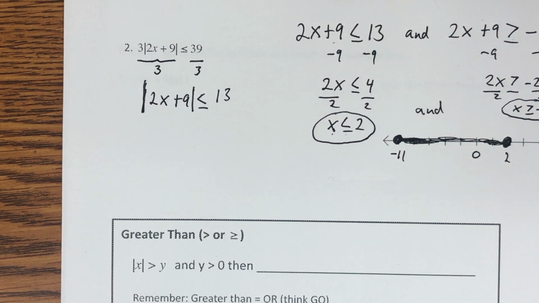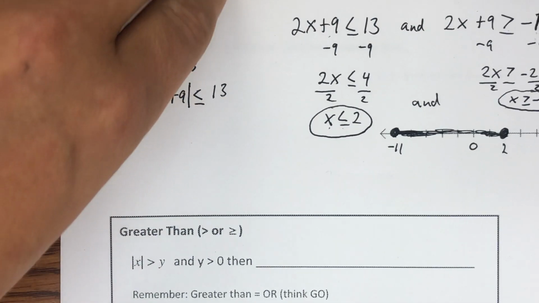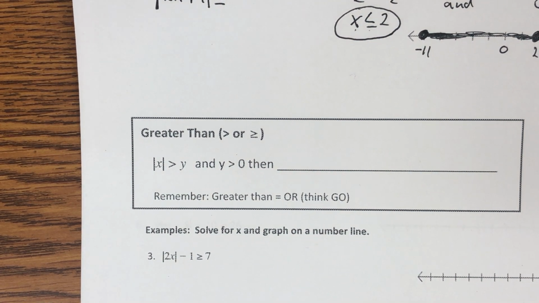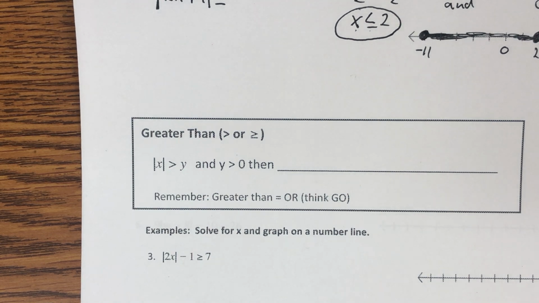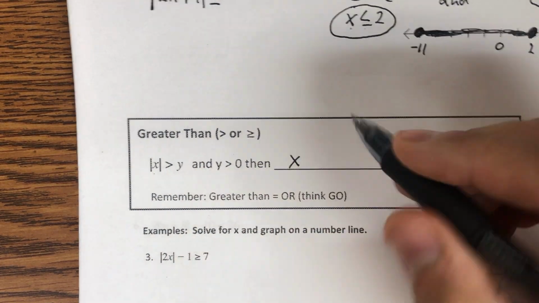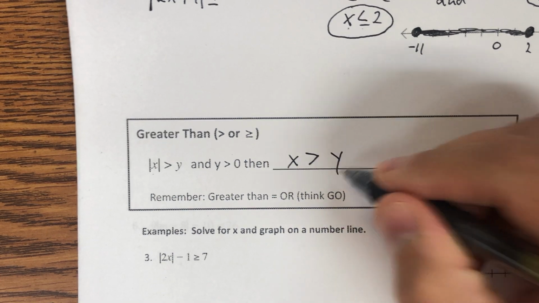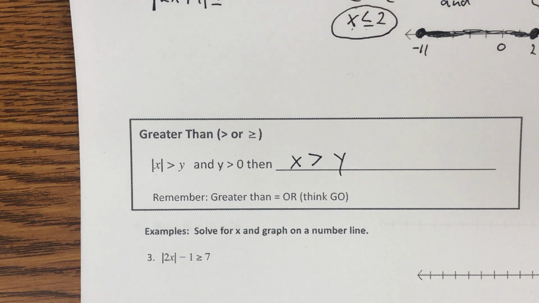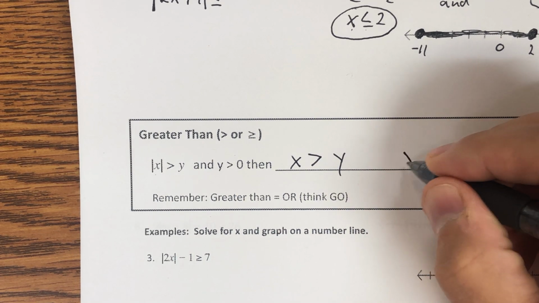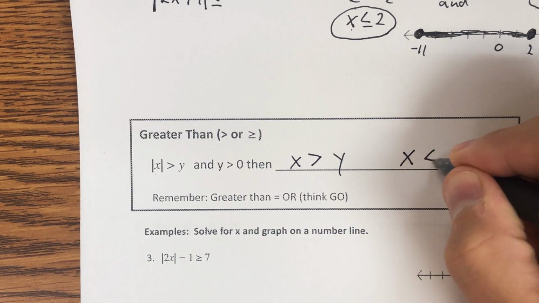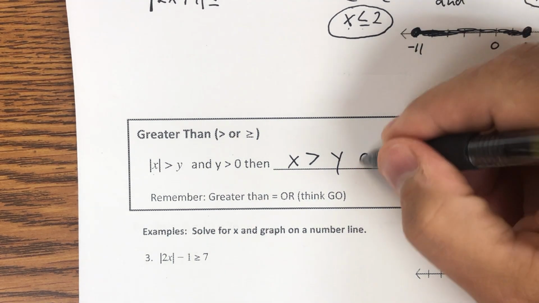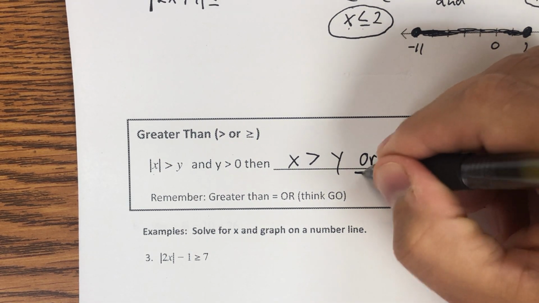The next possibility is if the absolute value is greater than. If the absolute value is greater than, we are going to use an or compound inequality. Our process to rewrite is going to be the same. Take what's inside the absolute value, x in this case. First one, greater than y. And then for the second half, take what's inside the absolute value, flip the sign, and make it negative, or in between.